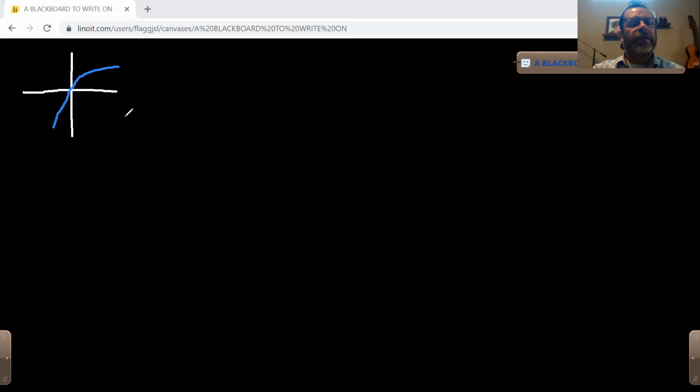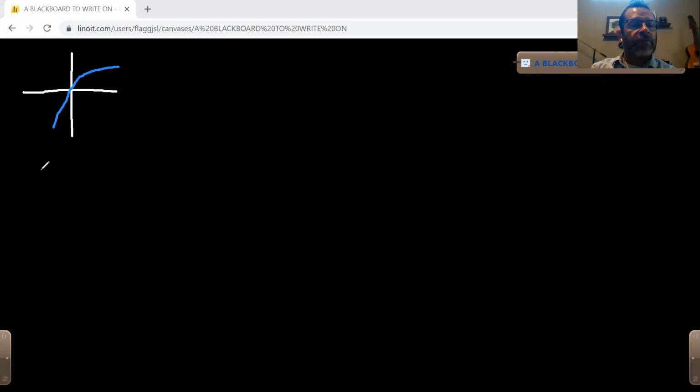The original graph goes something like this. It's a bit more marked to the y-axis and a bit more separated from the x-axis. So that's the original graph that we're going to be playing around with.